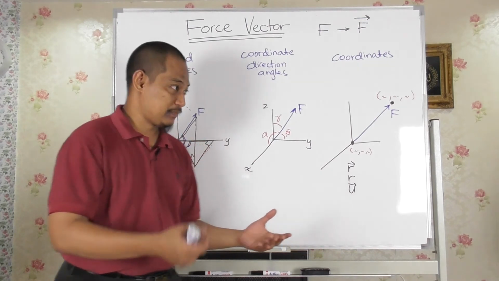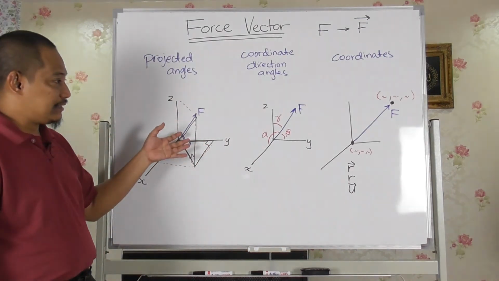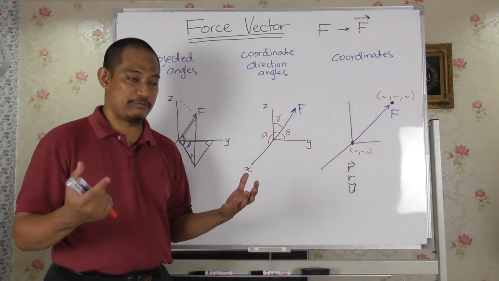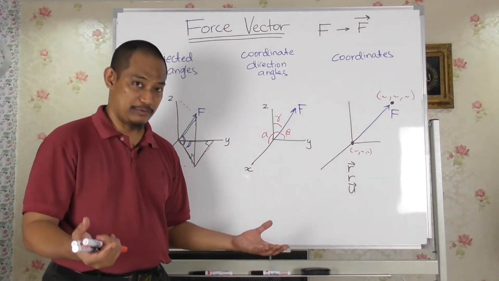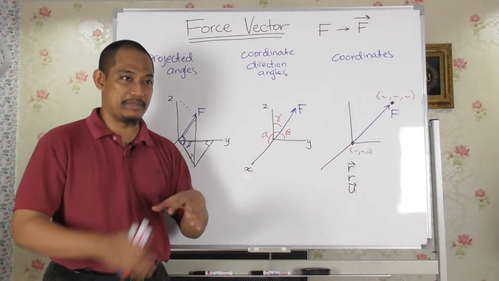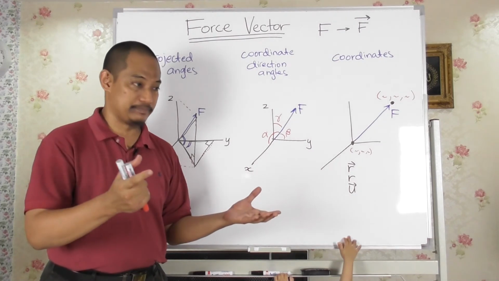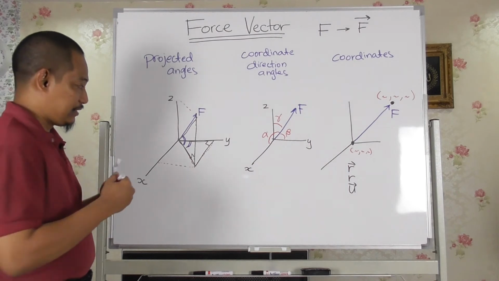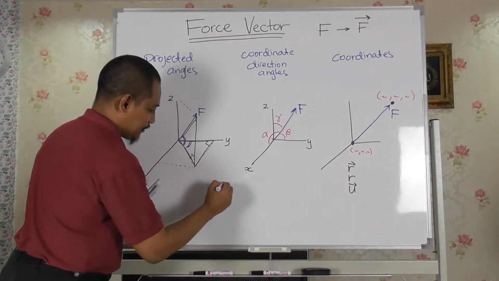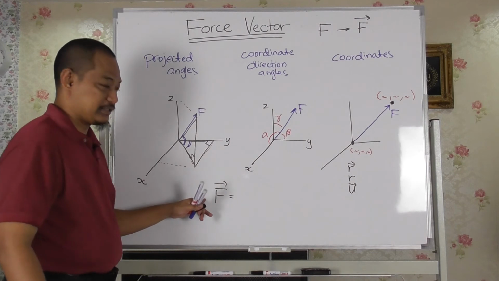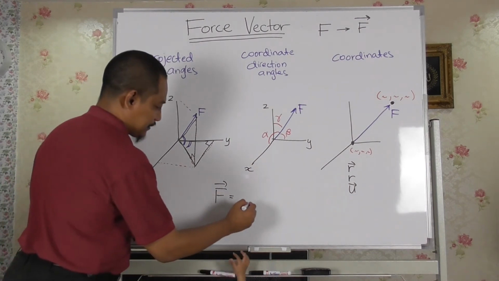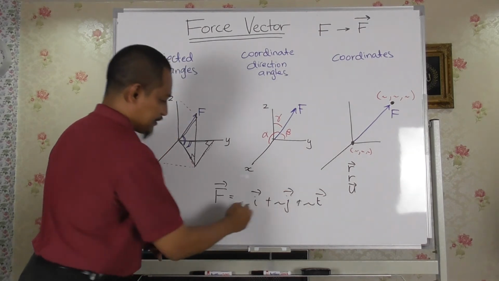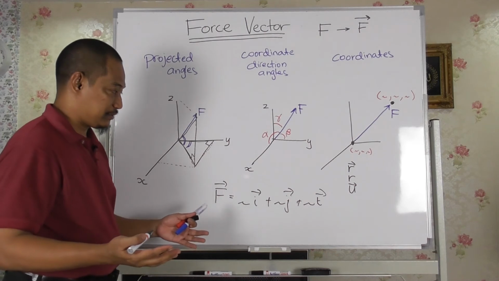Now, normally in the final answer, if the question asks for force, for example the resultant force, or one of the forces that makes the whole system equilibrium, the final answer may be in terms of a vector, which means embedded in it is already the value of the force, the magnitude, as well as the direction.